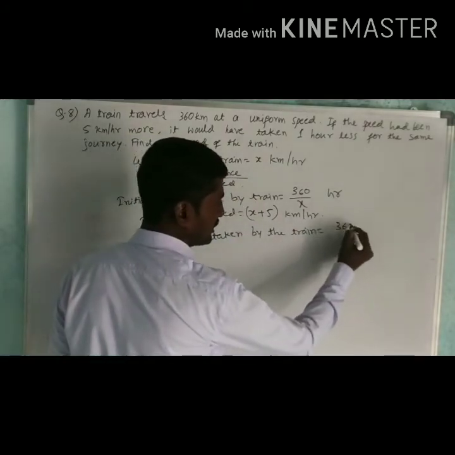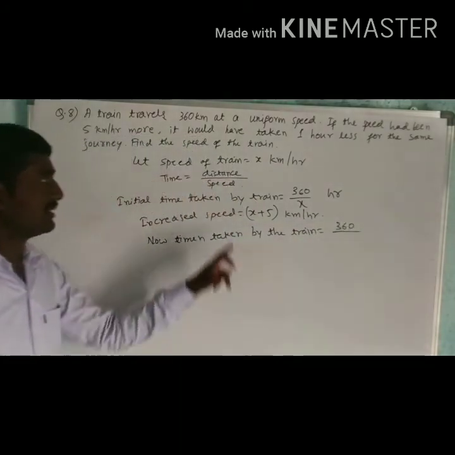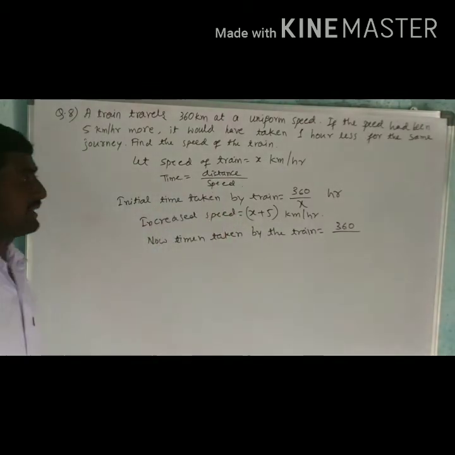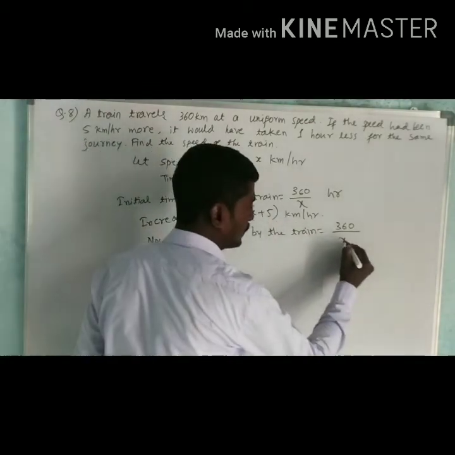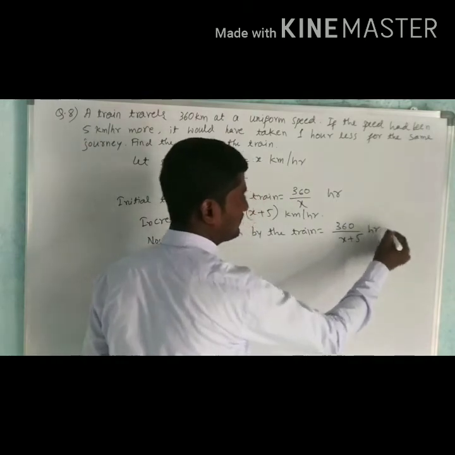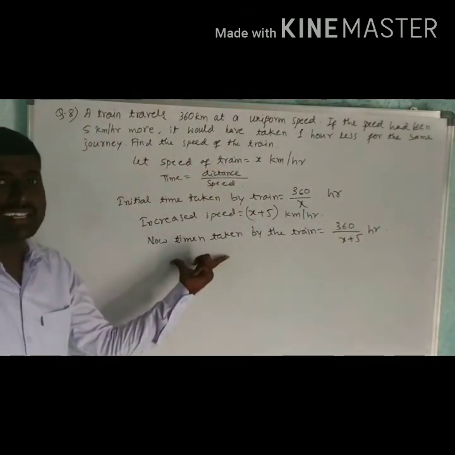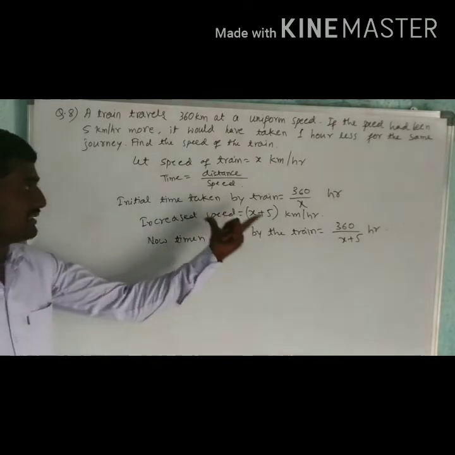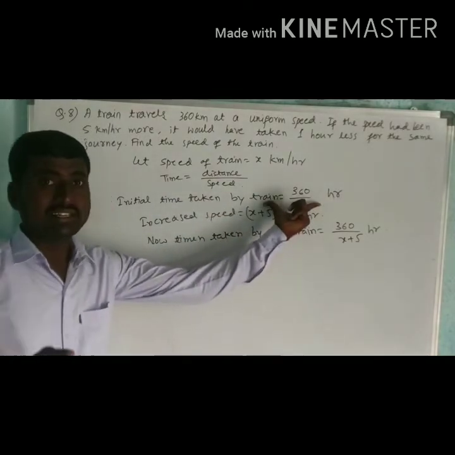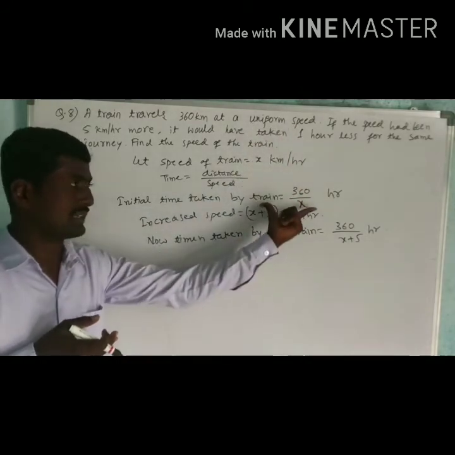Distance is 360 km divided by speed, speed I can take as x plus 5 hour. So this is the time taken by the train after increasing the speed, and this is the time taken by the train initially with uniform speed.